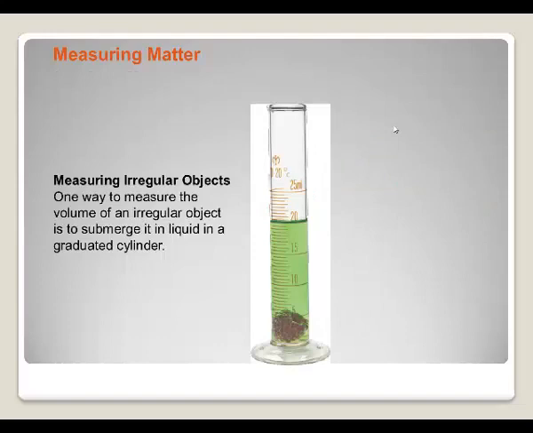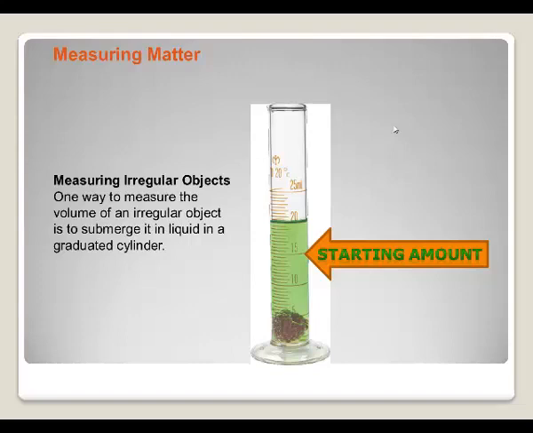Measuring irregular volume is slightly different. Sometimes we have objects that aren't a regular shape, so we can't measure length times width times height. In this case, we use a graduated cylinder. And suppose that the raspberry that's put inside of this graduated cylinder, prior to it being put inside of the cylinder, the amount of liquid was 15 milliliters.